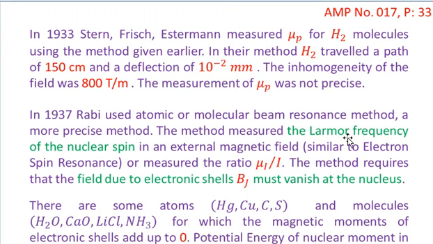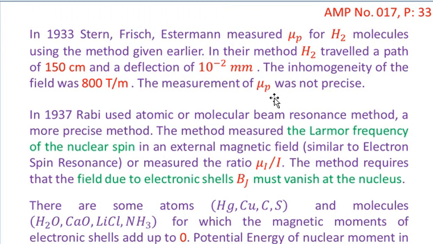And if we can measure the Larmor frequency of the nuclear spin in the presence of the external magnetic field, which is very similar to the case when we discussed electron spin resonance, then by measuring the Larmor frequency we would be able to measure the nuclear magnetic resonance, and mu p, that is the magnetic moment of the protons, can be measured very precisely.